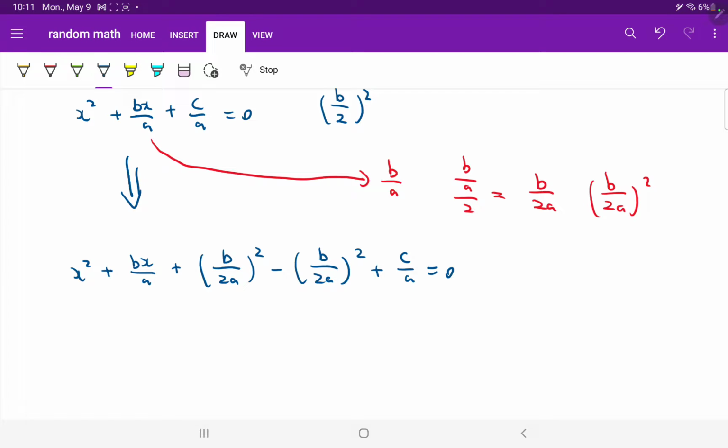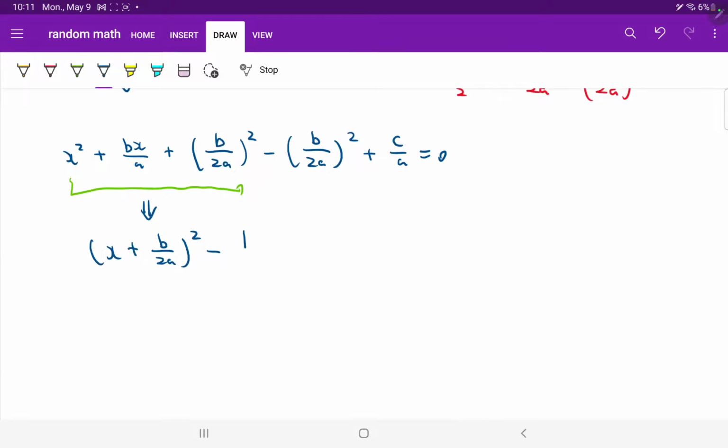And if you notice, the first three terms here, I'm going to use a green pen, become x plus b over 2a squared. Then we still have minus b over 2a squared plus c over a equal to 0 here, right?